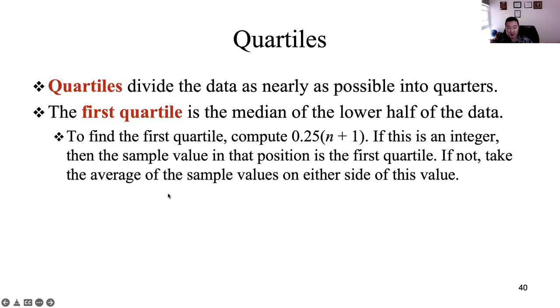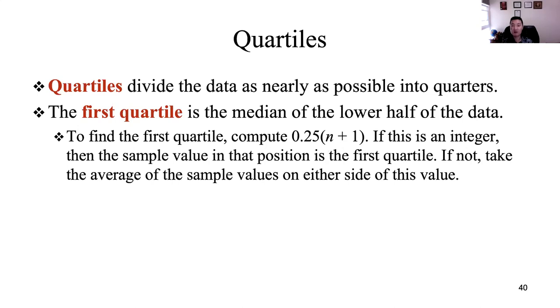So the first quartile is the median of the lower half of the data, from 0 to the bottom 25%. To find the first quartile, it is similar to what we do for the median. We calculate 0.25 times n plus 1, where n is the sample size.